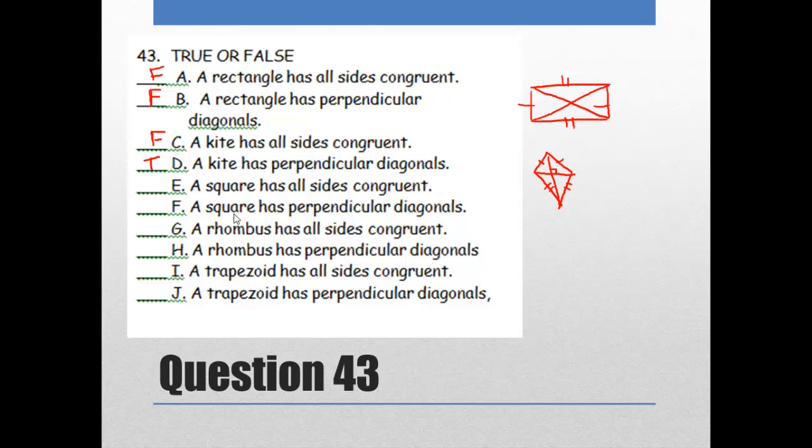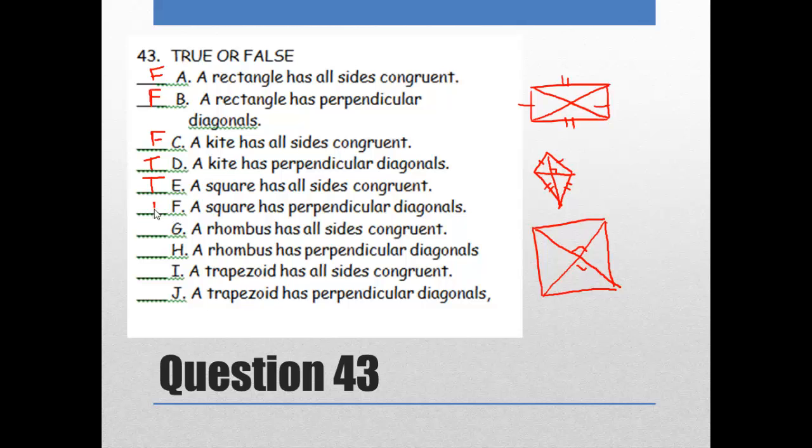A square has all sides congruent. Well, that's true. We all know that. A square has perpendicular diagonals. Well, guess what? Let's draw one. I won't be able to draw a perfect one, but it's pretty darn close. Look at that. Perpendicular diagonals.